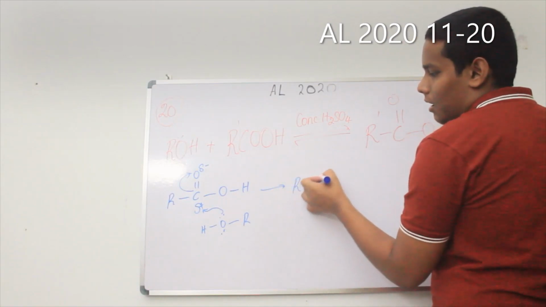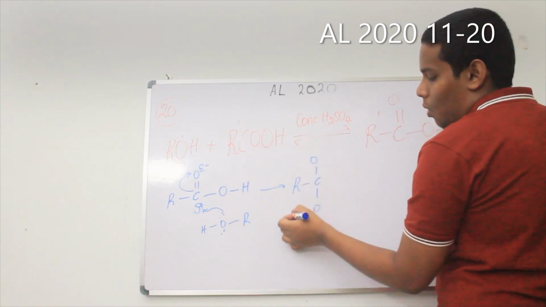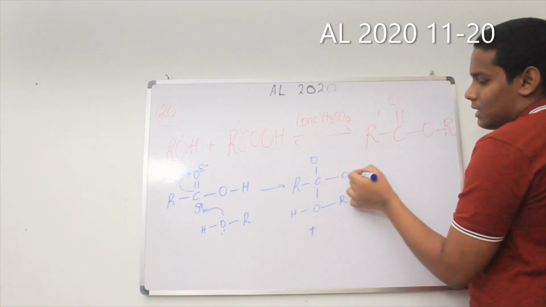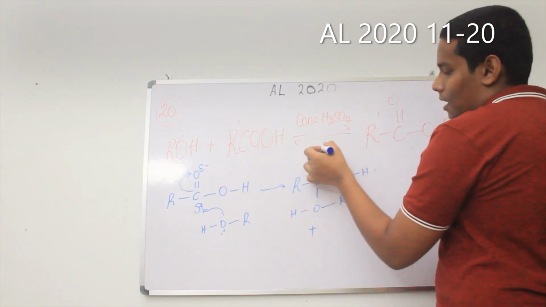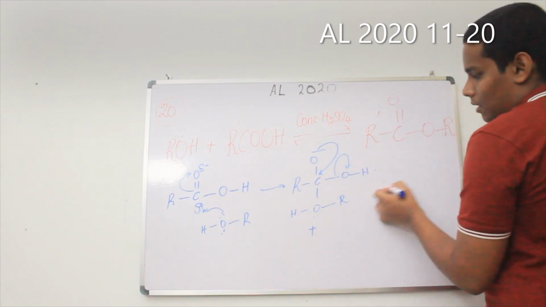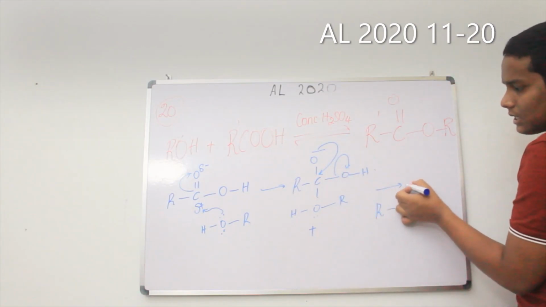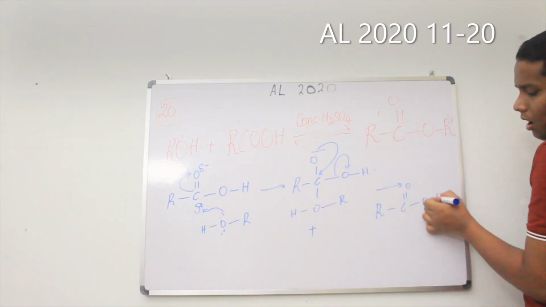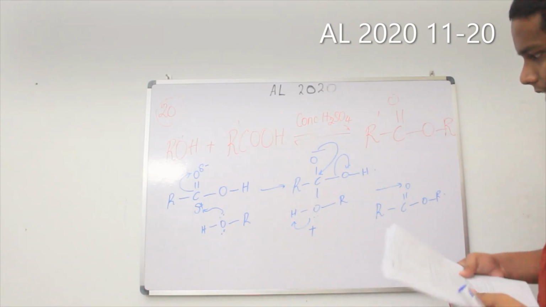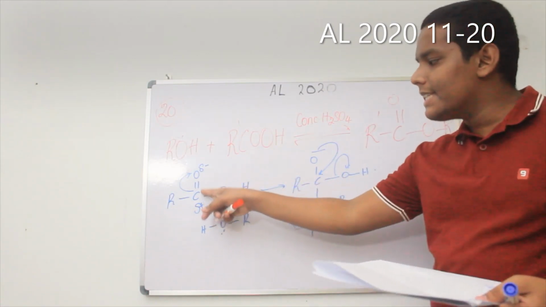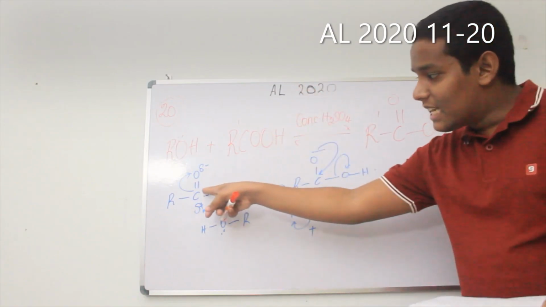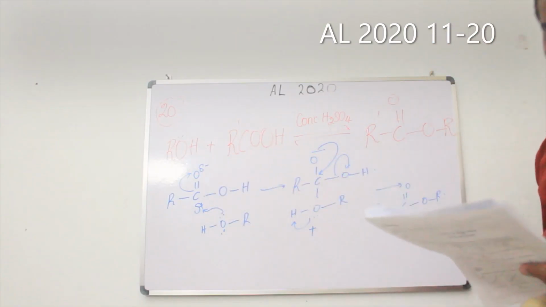Then R, CO, OH, R. This is positive. This is OH. This is negative. Then again he gives, he is out. Then we come up with R, C, O, R. He will also cleave. Which means there is a cleavage of only the CO carbonyl group. Although we show the water molecule going out like that, there is a cleavage in the CO bond, not in the OH bond. So that's wrong.